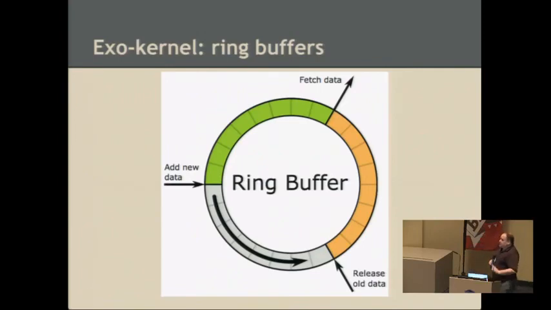So this is really, really fast. And this is the basis for a lot of stuff that we have. For example, remember that I'm using the PF ring driver for doing the packet reception. That's because it's using a ring buffer. In that case, the synchronization is between the network hardware and the user mode application.